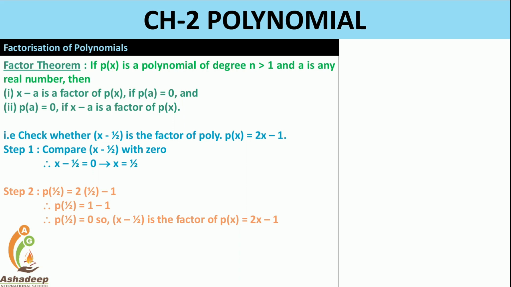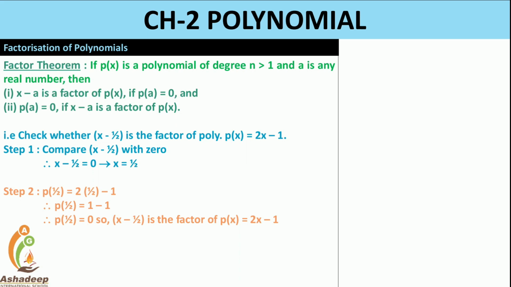What is the factor theorem? If p(x) is a polynomial of degree n greater than or equal to 1 and a is any real number, then if x minus a is a factor of p(x), then p(a) is equal to 0. That we already saw in the previous lecture.